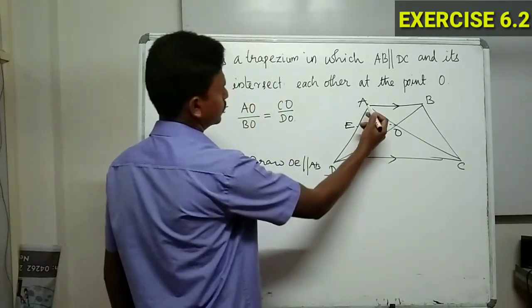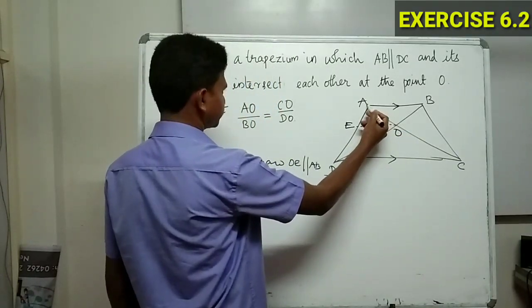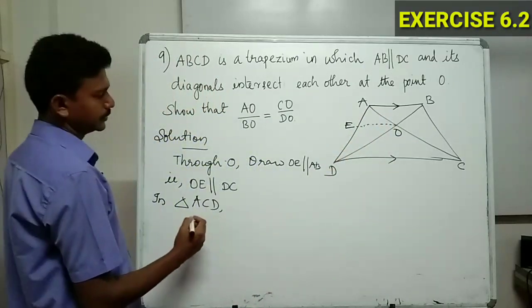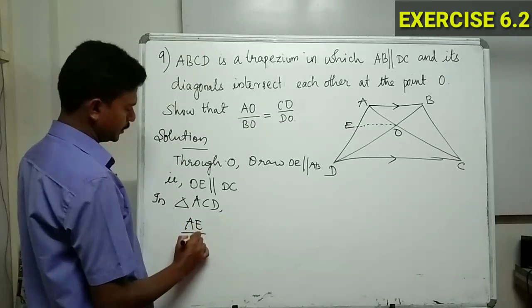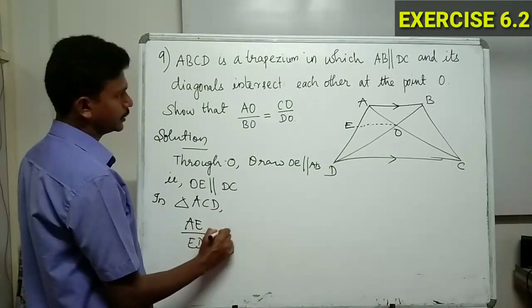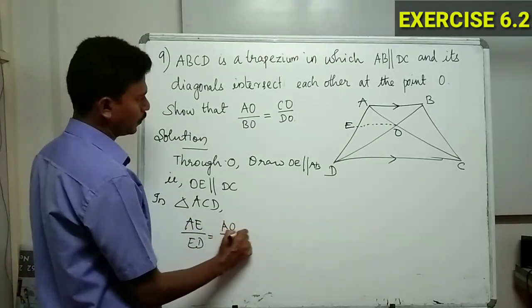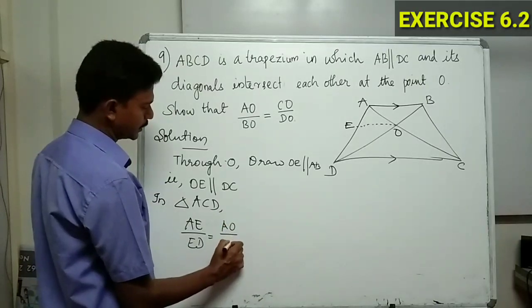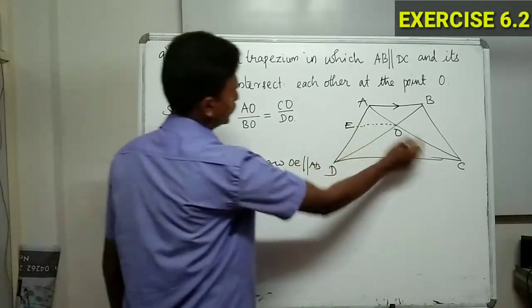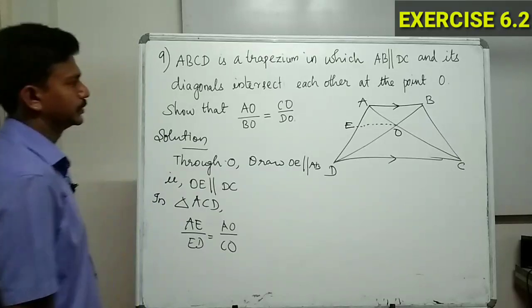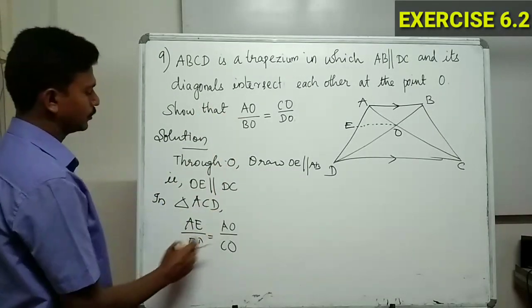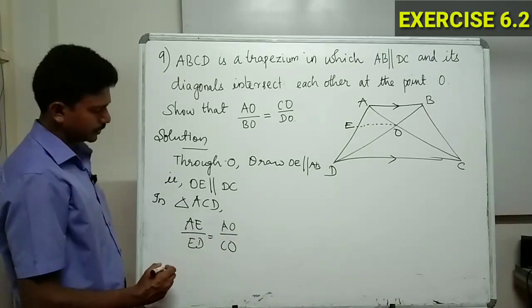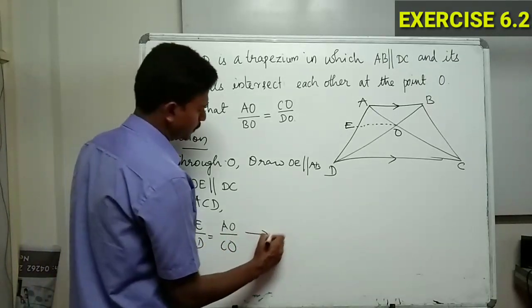So by the basic proportionality theorem we can say that AE by ED is equal to AO by CO. To get our answer like this, we can write AO by CO. We can keep this as equation 1.